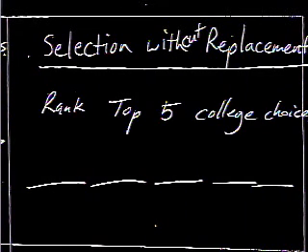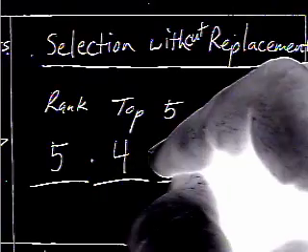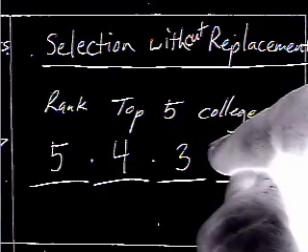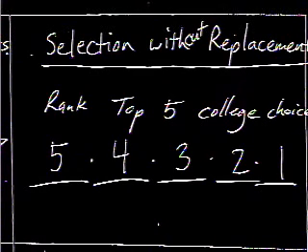Well, suppose you want to rank your top 5 college choices. So for slot number 1, your very first pick, you have 5 different options. But once you select that college choice, there's only 4 selections for your second favorite, and 3 selections for that one, and 2 selections for that one. And the last choice you have doesn't really have an option.